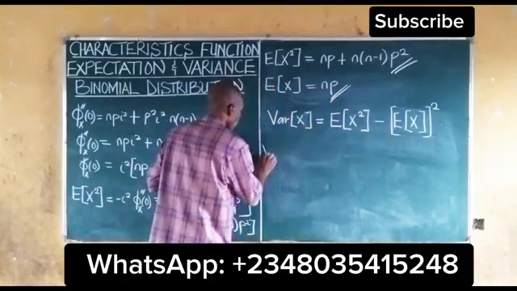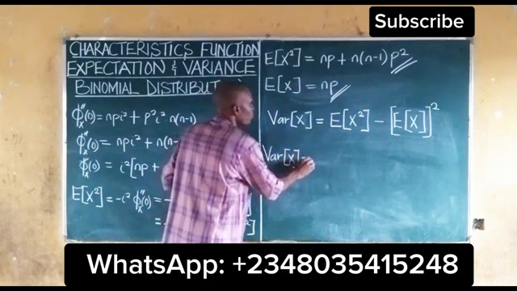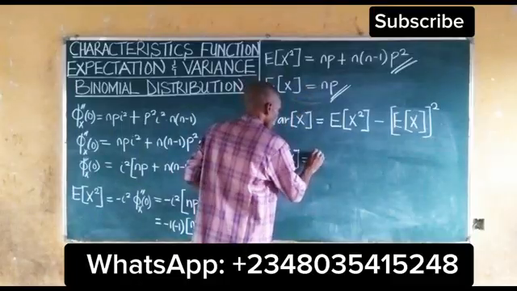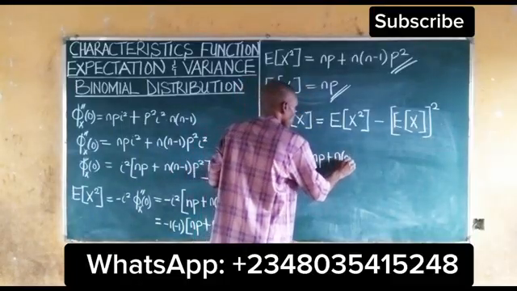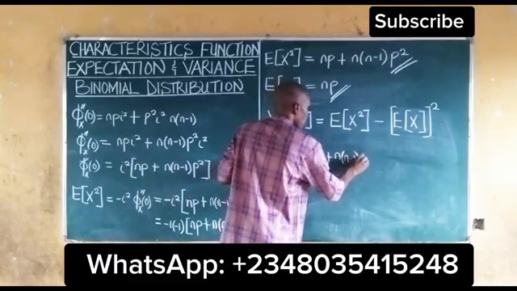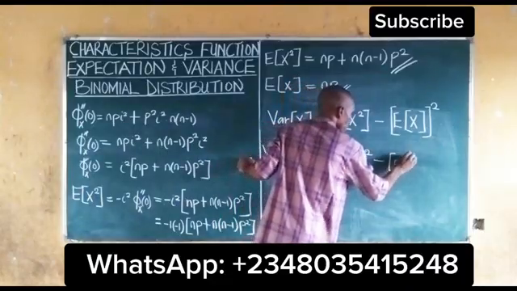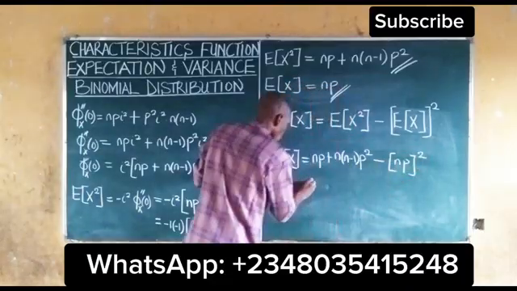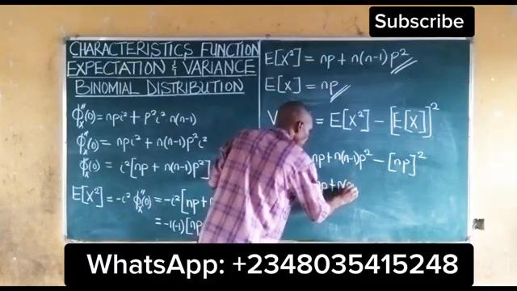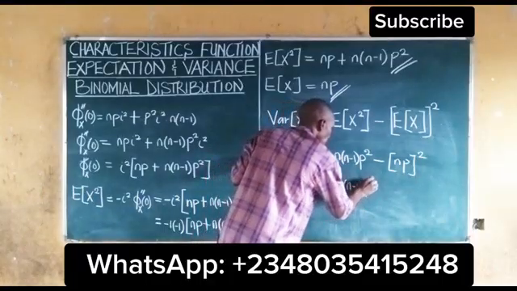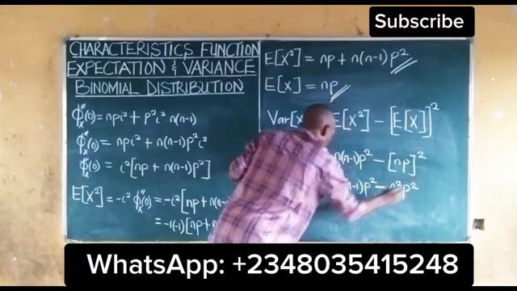So by substitution, we have our variance of x to be equal to np plus n into n minus 1 p squared minus np all squared, which is the same thing as np plus n into n minus 1 p squared minus n squared p squared.